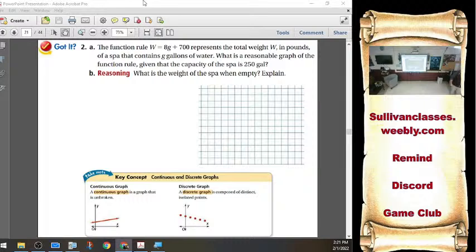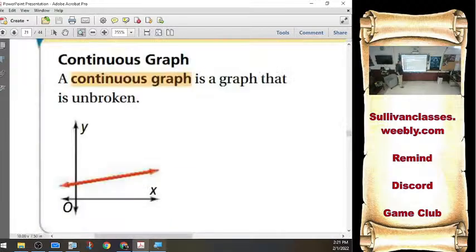Like, I can exchange an almond for an M&M to tweak the weight just a little bit. That's called continuous. It's continuous, meaning you never pick up your pencil. The graph is straight through. It continues no matter what.